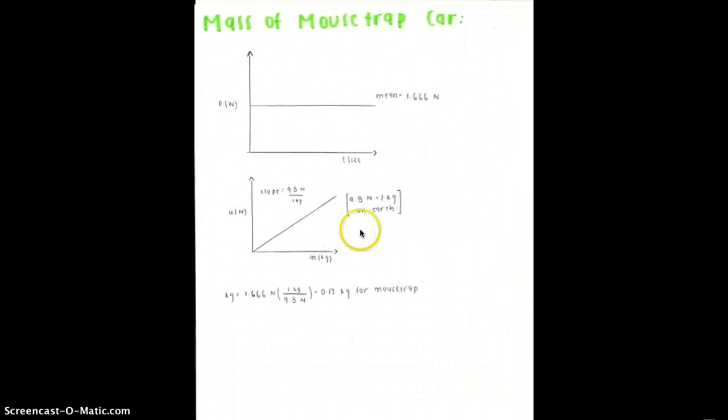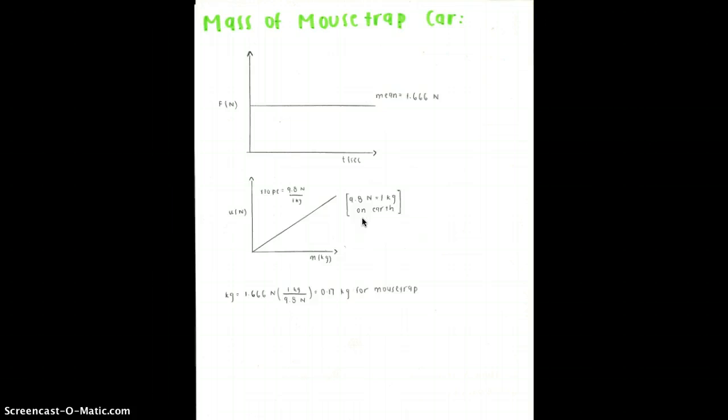Okay, so next we have the mass of our mousetrap car, and this is the rough sketch of our graph. The mean force that we're going to use to find the mass is 1.666 newtons, and then we multiply it by 1 kilogram over 9.8 newtons, which is the force on objects on Earth.